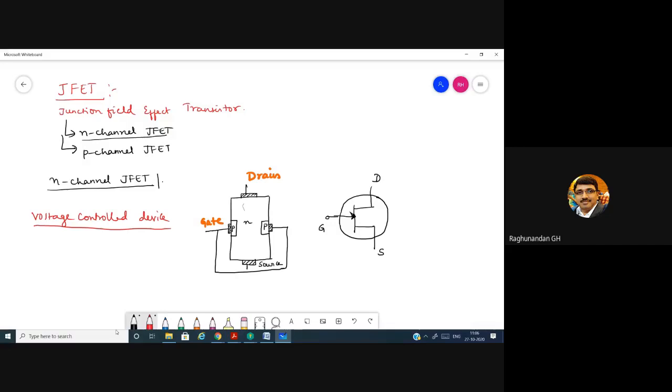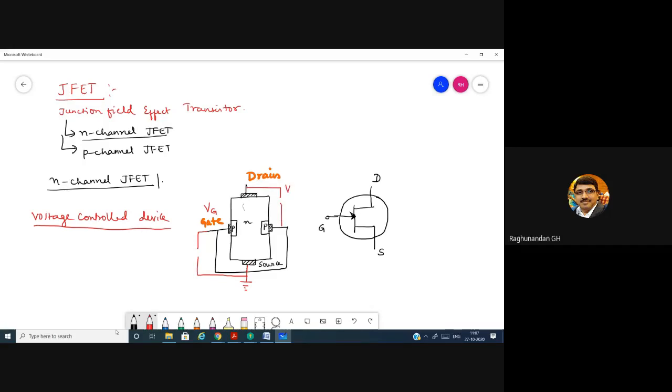What we do is, this is the gate voltage, and usually this source will be shorted with this gate. Okay, it will be shorted with the gate, and there will be a ground. Now between this we are going to connect a battery, and again at the drain side also we are going to connect a battery.